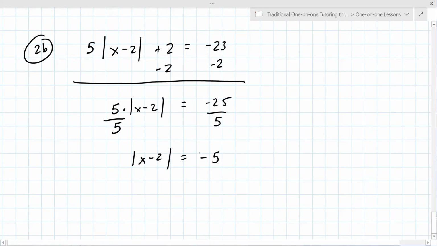Let me know when you get up to this step, because this is the most important one to talk about. Okay, so I asked you this earlier. Does absolute value return negatives?